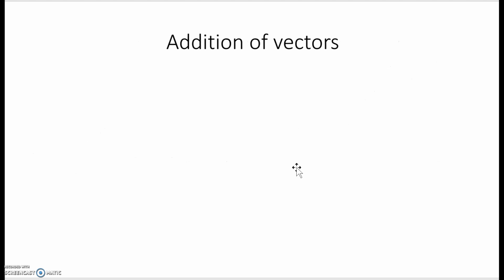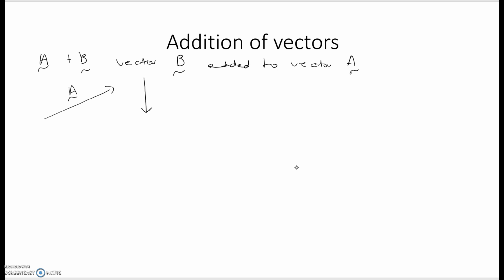We need to be able to add and subtract. So we know in maths anyway what a plus b is. But here it means that vector b is added to vector a. So we've got a that way and b that way.